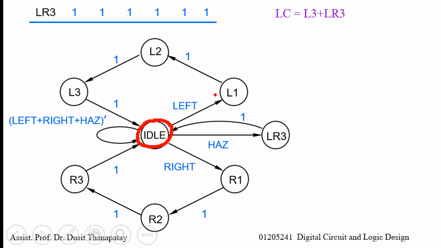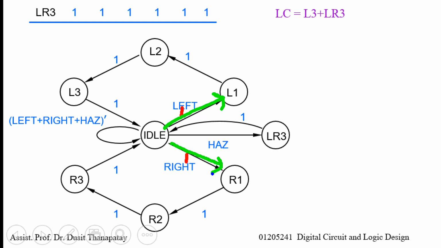For example, what happens if input left and right are active at the same time? This condition becomes true, and this condition becomes true also. That means there are two next states at the same time. It's not okay, it's impossible.